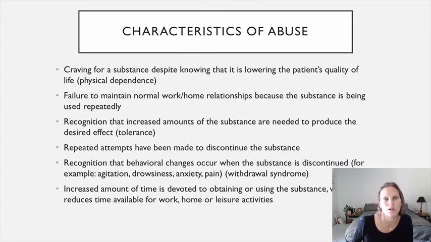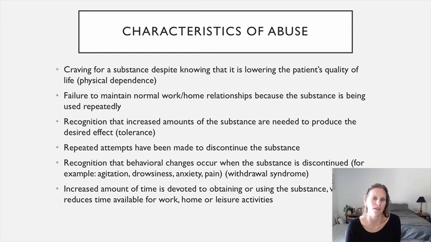There's a couple characteristics I think that are important for whoever is the person interfacing with the patients. The more time that somebody is spending with them and talking, the more likely you are going to be able to elicit some of this information. So one characteristic of abuse is craving. Craving is a big deal.